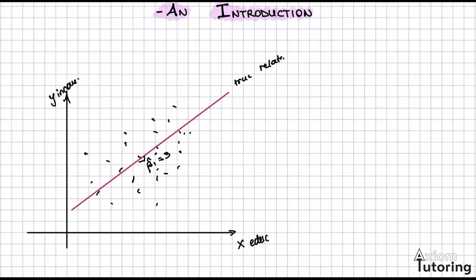Now, suppose education is measured with error. Before I show you what happens, try to think which direction the points move. Up and down was when you had the error in Y. So this time, the points move left and right.